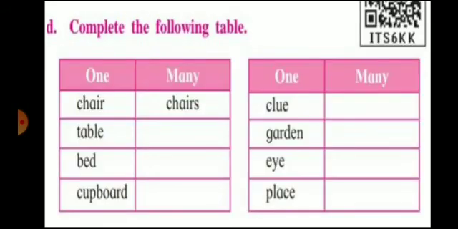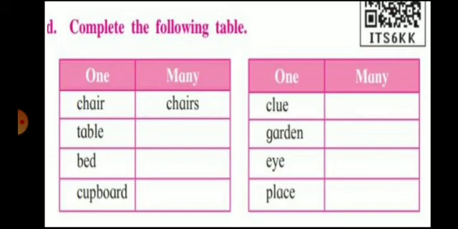Now children, here a B exercise is given, that is complete the following table. So what is given over there? It is written in the first column, 1, and in the next column, many. So we can change the one thing to many things by adding S at the end.